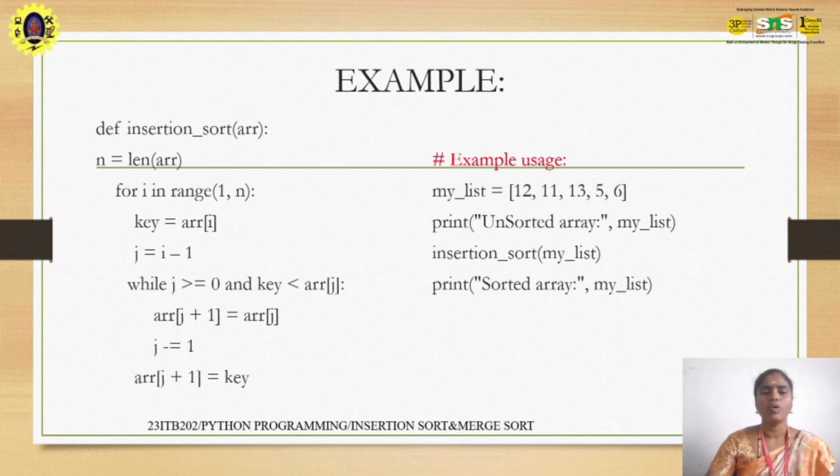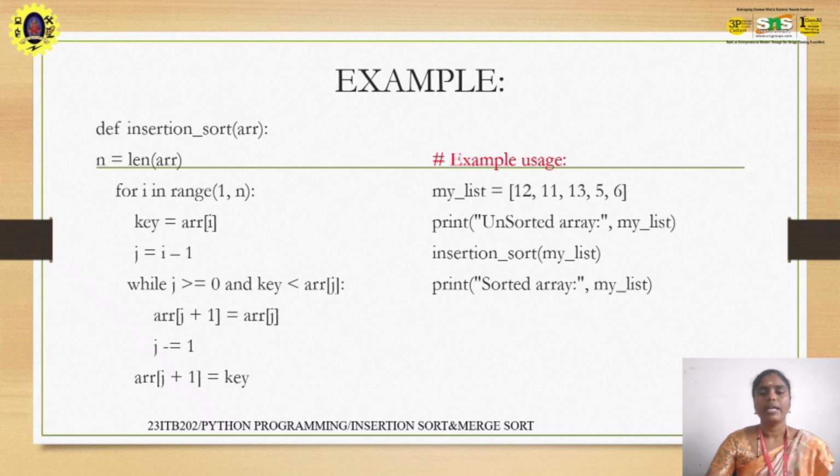Then we use the for loop to iterate from first to n, and we place the current element to be inserted as the key value. Then we compare the value, that is, move the elements of array 0 to i minus 1 that are greater than the key to one position ahead of the current position.